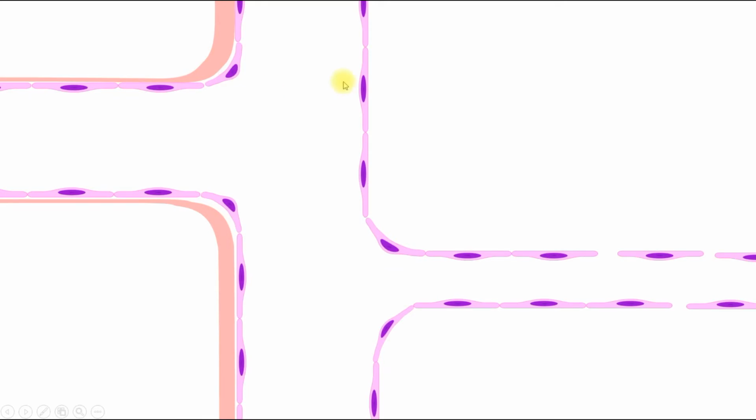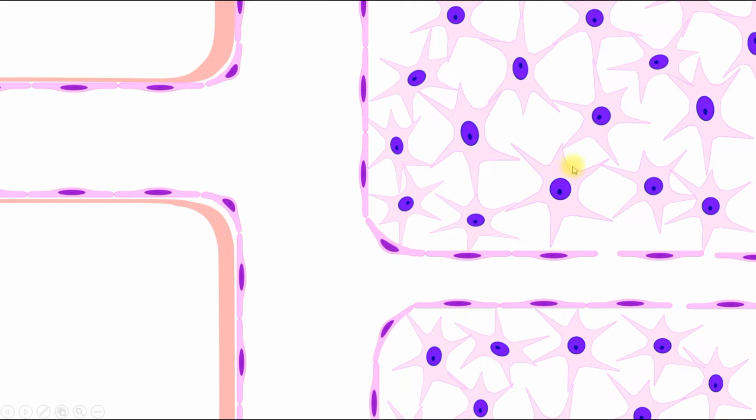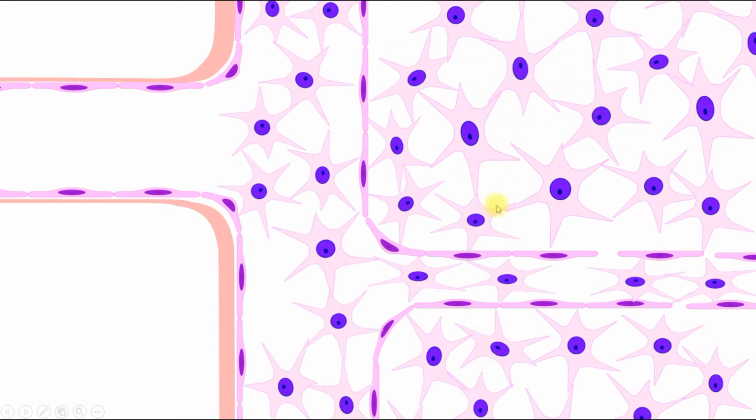So here we can see the capsule with the efferent lymph vessel, the endothelium which lines sinuses inside the lymph node, reticular tissue of lymphoid tissue of the cortex, and also reticular tissue which fills the spaces in the lymph sinuses. Macrophages are present here, and numerous lymphocytes are present here.